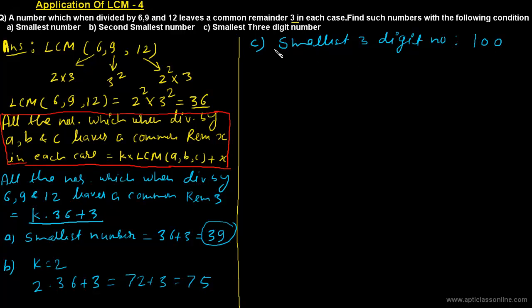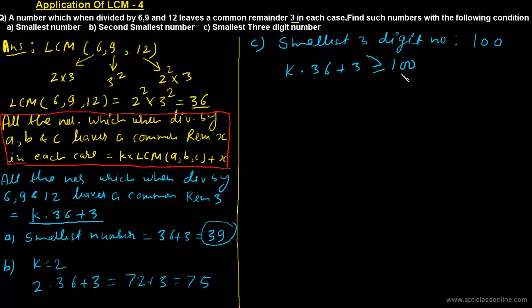So we are basically trying to find K times 36 plus 3, and this has to be very close to 100. It has to be greater than or equal to 100.